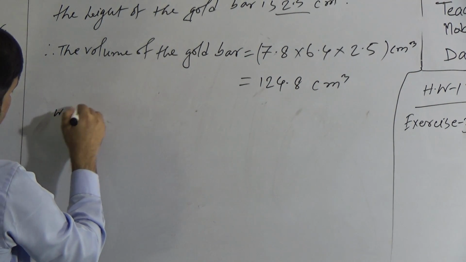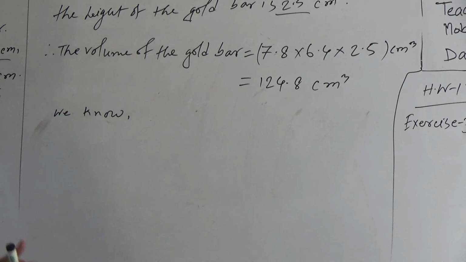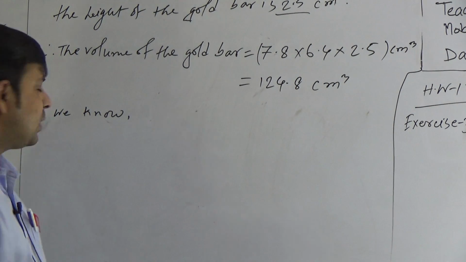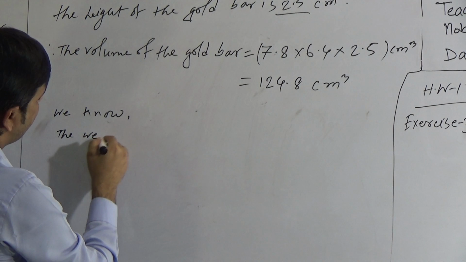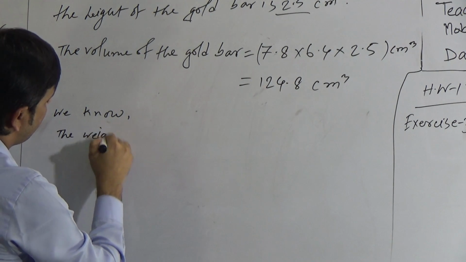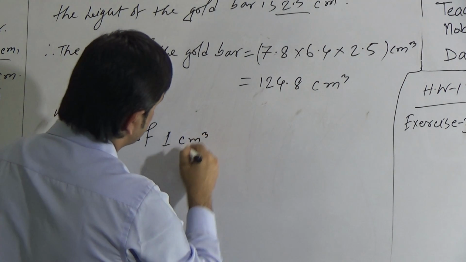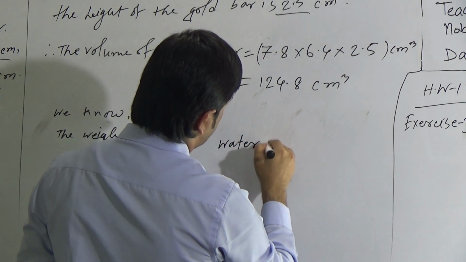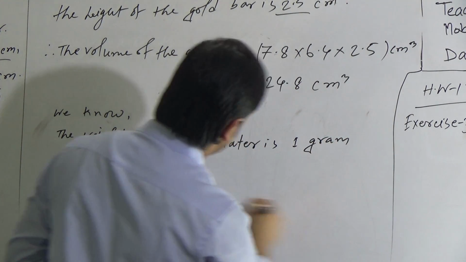We know, if we consider this is the volume of water, then what will be the weight of that water? We know the weight of 1 cubic centimeter water is 1 gram.